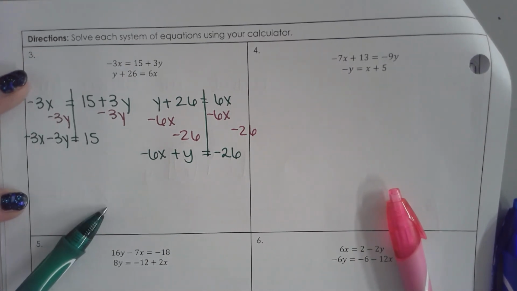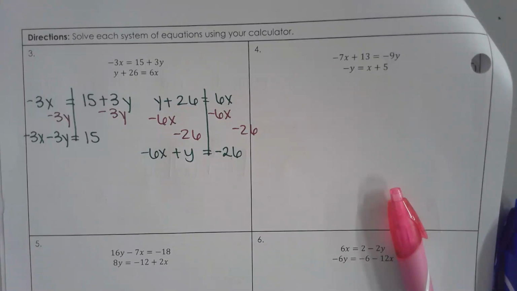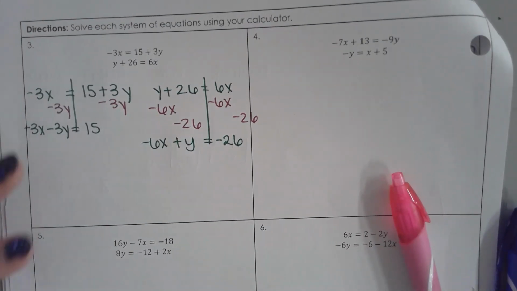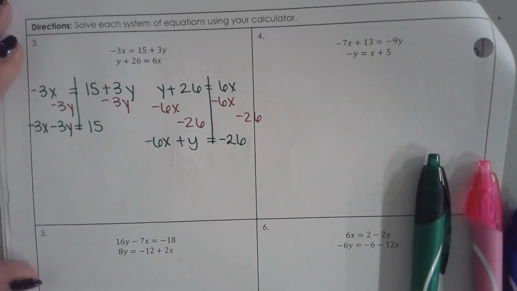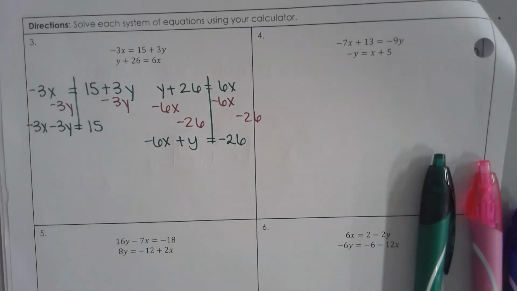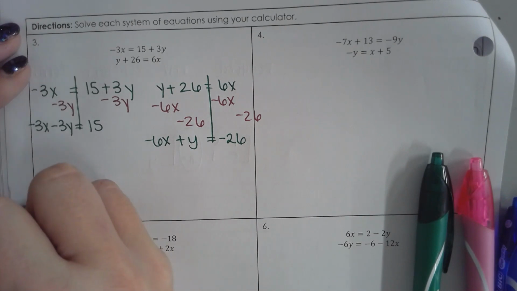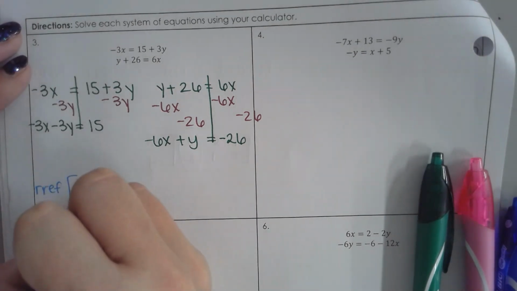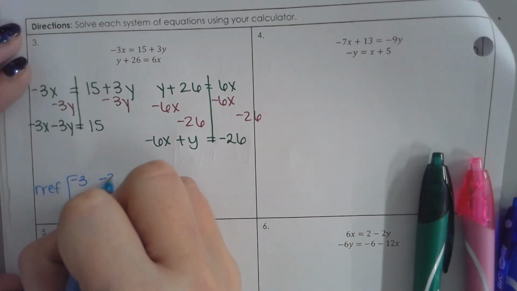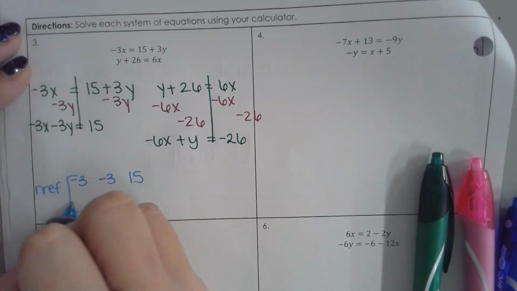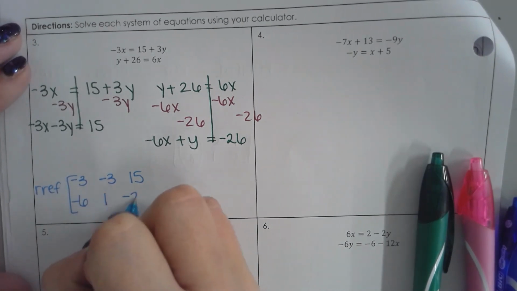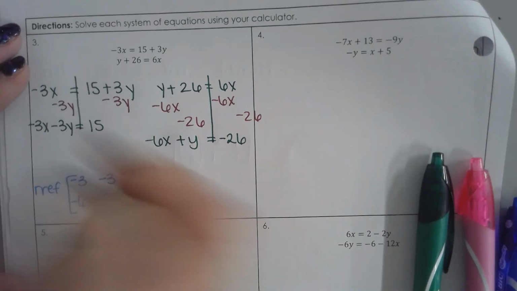But it is possible that you could have a matrix that you cannot ever get to the identity matrix. But you shouldn't see those in this class. Alright, so my matrix, I'm going to do RREF to -3, -3, 15, -6, 1, -26.